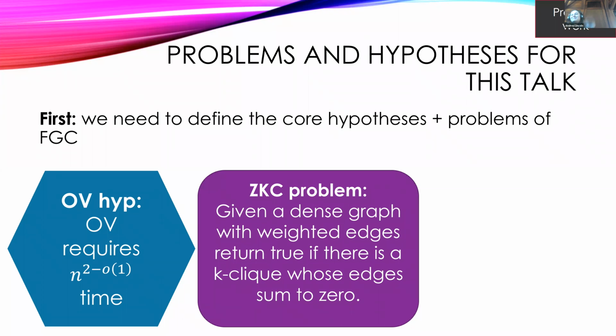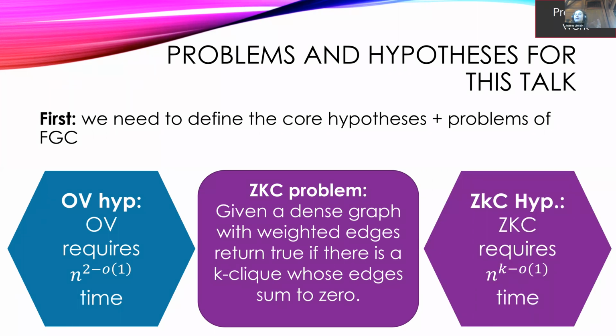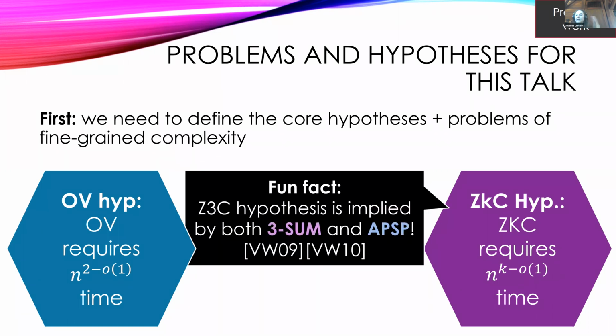Finally, this is the last one, I promise. We've got the zero k-clique problem. You're given a dense graph with weighted edges, and you should return true if there's a k-clique whose edges sum to 0. And the hypothesis is that this requires n to the k minus little-o of 1 time. And the fun fact here is in the case of k equals 3, the 0 3-clique problem, this is like looking for triangles.